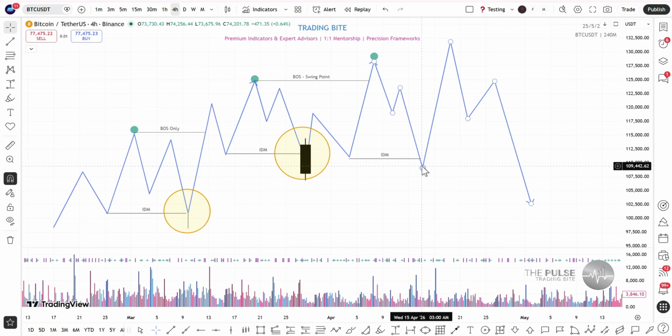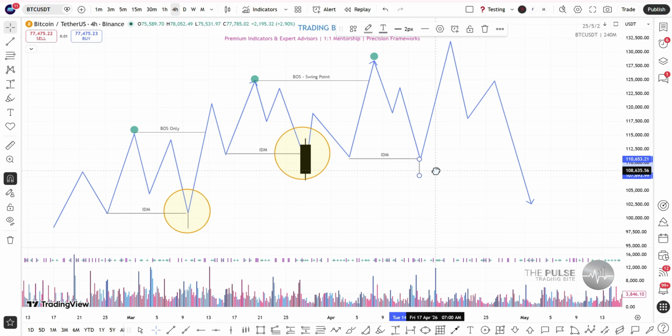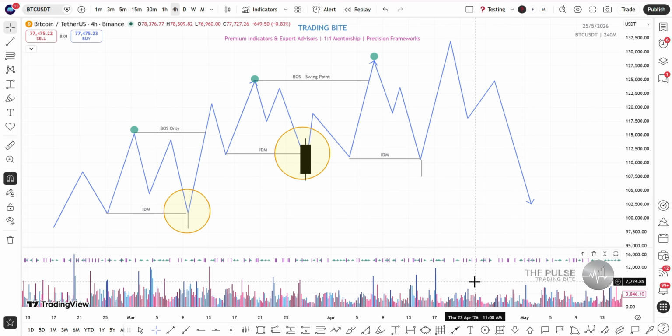And here, just to make it more understandable, this inducement has been taken with a wick. The body is not closed.